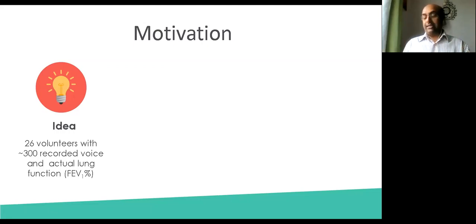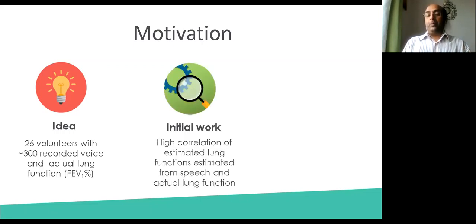Based on that, what was initially done is the recording tracks were provided to healthcare specialists who work with asthma and respiratory problems, nurses and doctors, and they were asked to estimate the lung function.